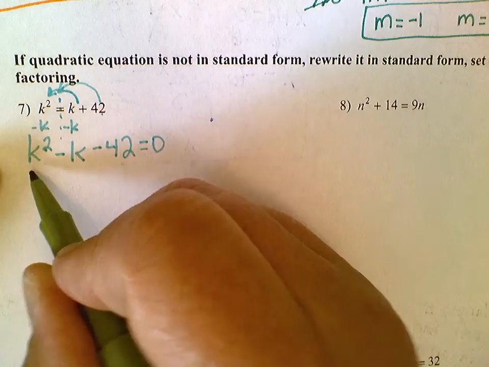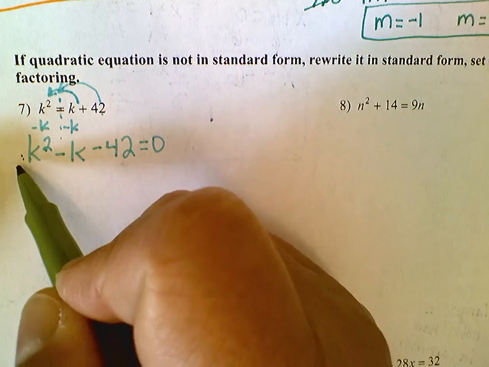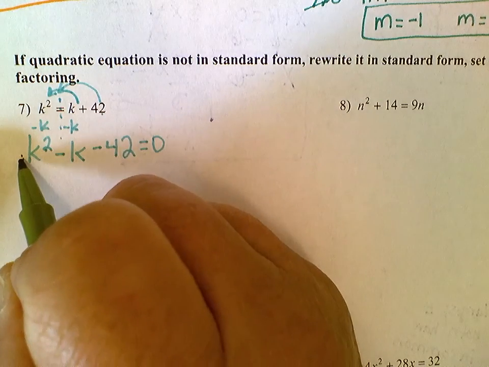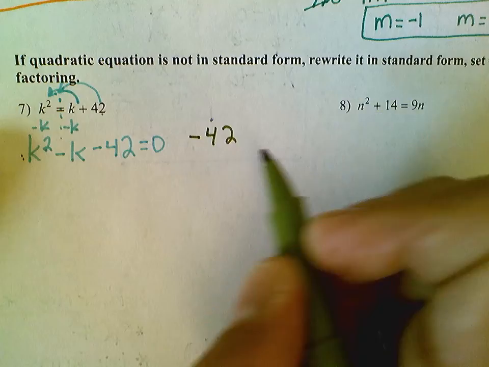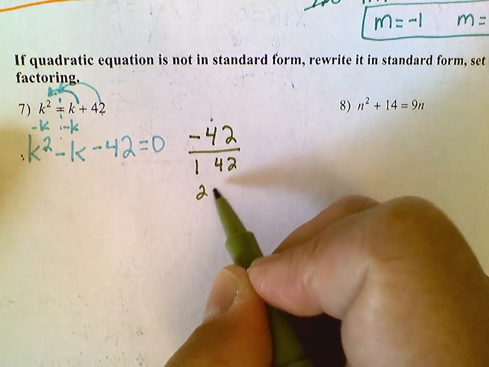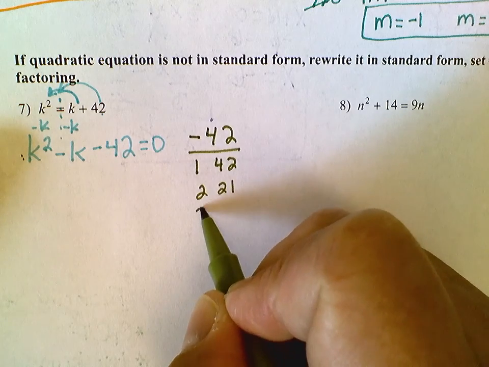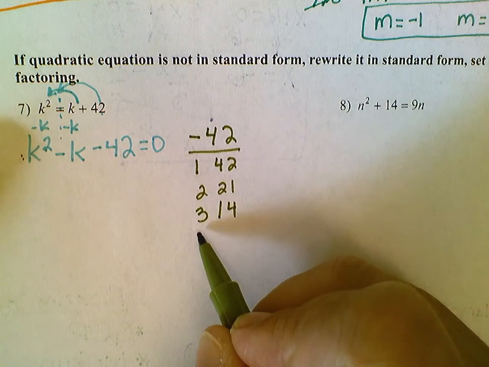All right, I have a nice little trinomial where a is 1, and so I'm going to show you a shortcut. 1 times negative 42 is negative 42. The factors of 42 are 1 and 42, 2 and 21, 3 and 14.